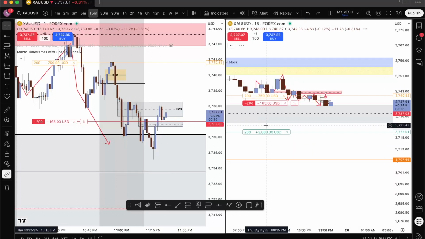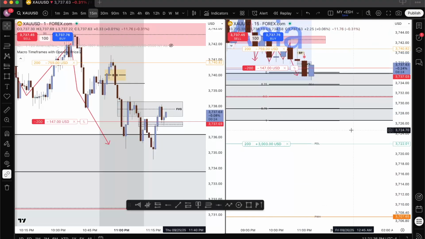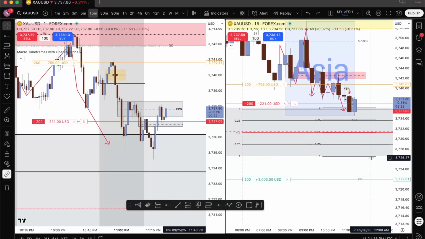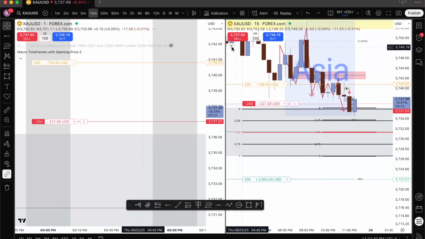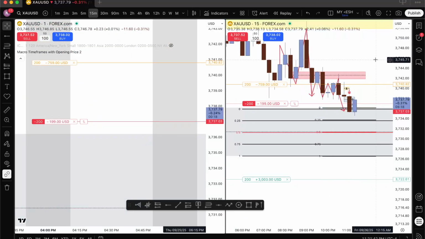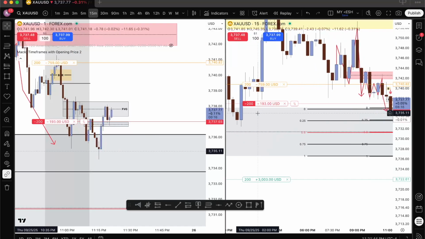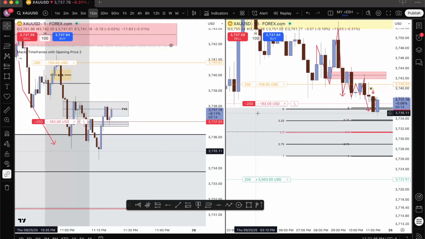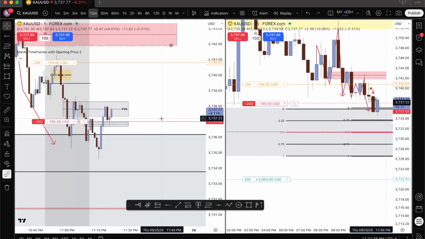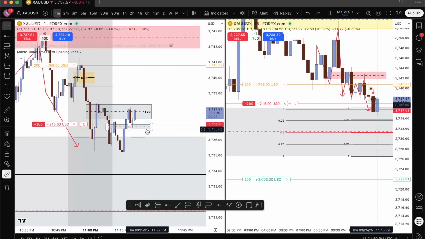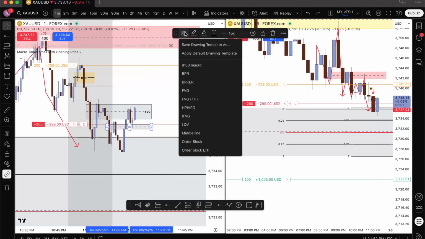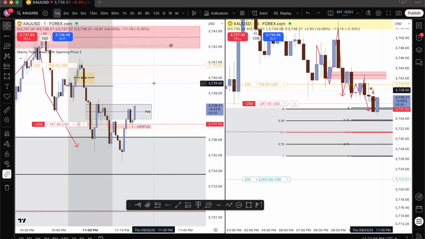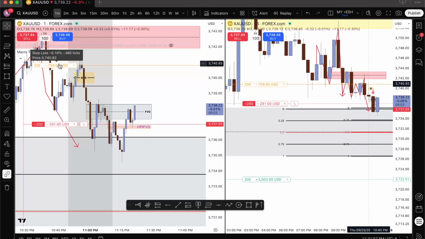Let me go to the 15 minute and see. I didn't know I had drawings on this side. Yeah, starting to sweep liquidity. Expecting this becomes an inversion fair value gap. So I'm taking a $300 loss on this trade.